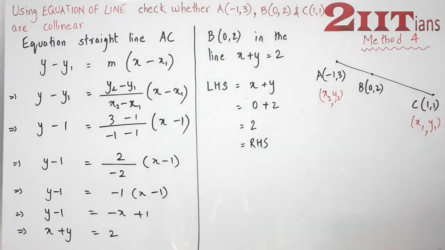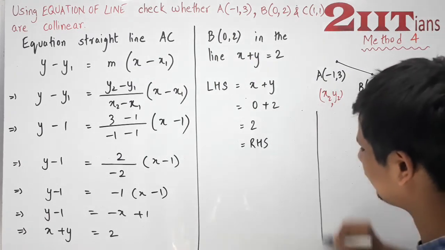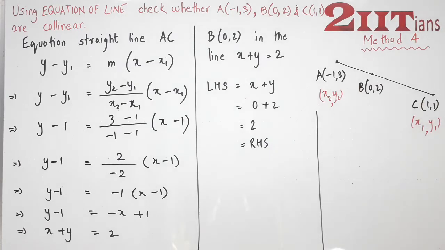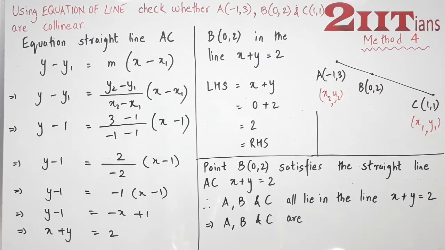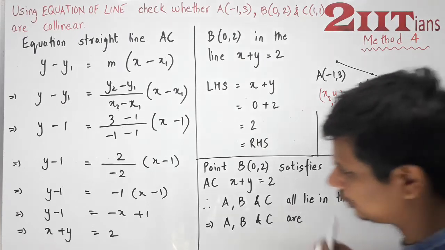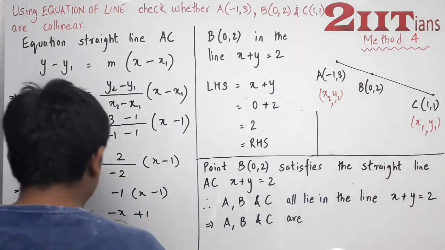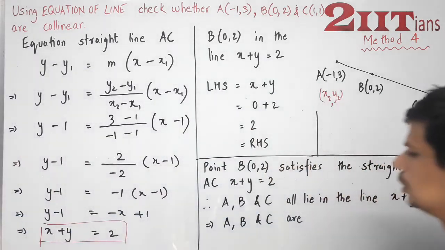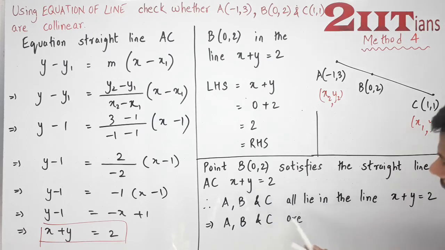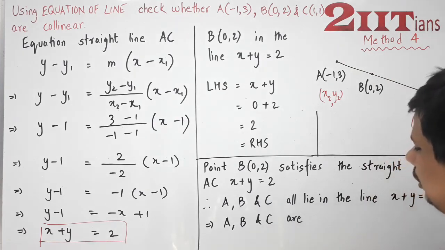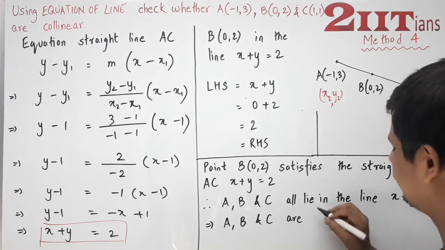So we can now say that point B(0, 2) satisfies the straight line AC, whose equation we have already calculated as x plus y is equal to 2, and therefore A, B and C all lie on the same line. Thus we will say A, B and C are all collinear.